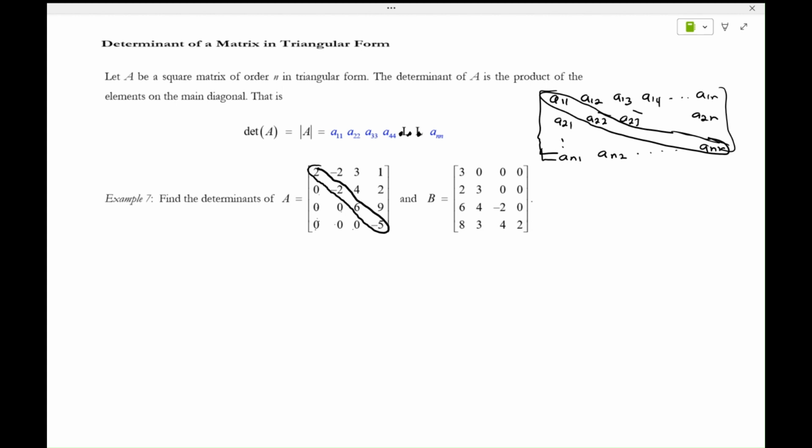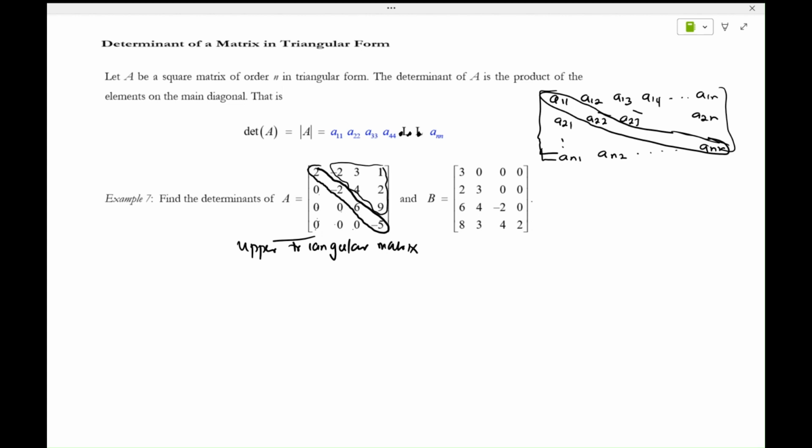So what type of triangular is this? This is an upper triangular matrix, because every element below the main diagonal is 0, and only the elements above the main diagonal are not 0.